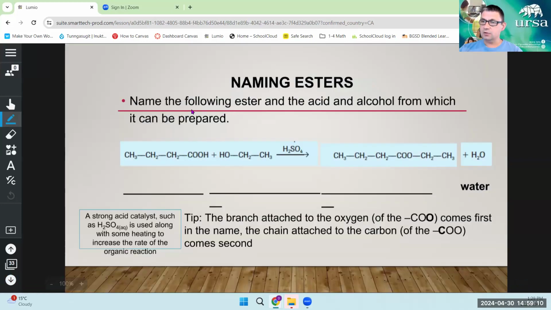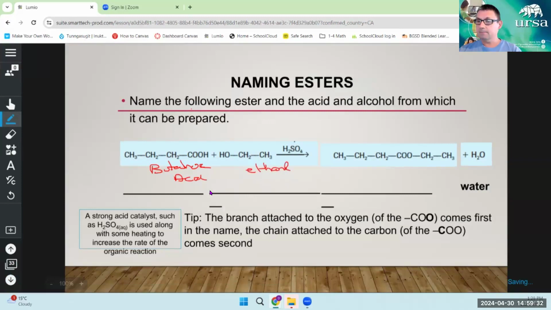So naming esters, let's take a look. The name of this would be 1, 2, 3, 4: methane, ethane, propane, butanoic acid. Combining with a 2-carbon ethanol.